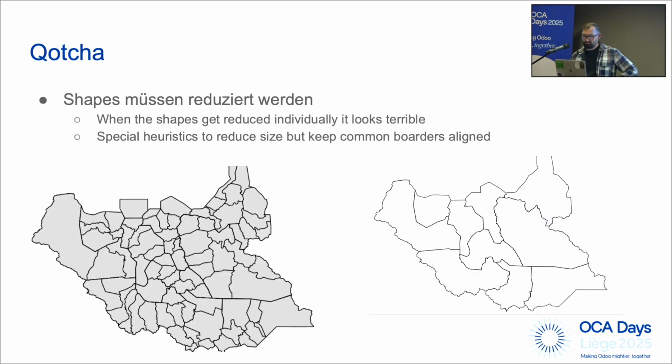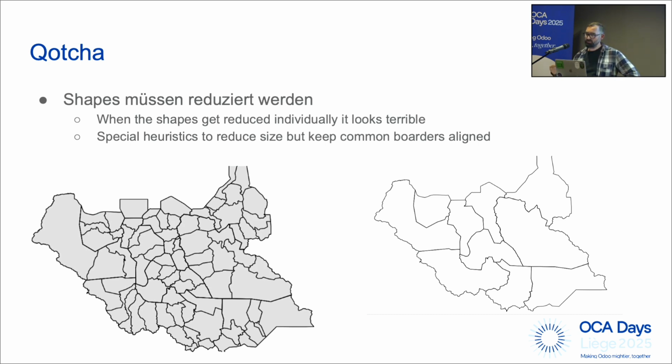So that was basically the whole process, how to store geodata efficiently in Odoo, and how to get it from OpenStreetMaps. I want to share some gotchas with you. So for example, in our case, we get the data, which is quite heavy, and for example, the borders for the state are a few megabytes.